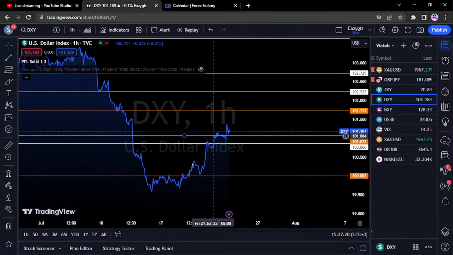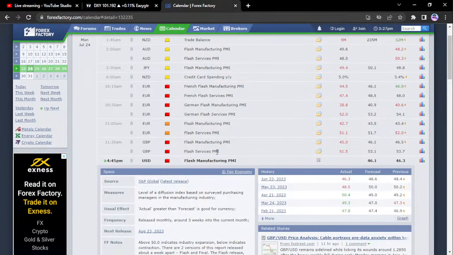Okay, so that's for the dollar and gold depending on the data. So just monitor the data that you're going to receive in the next hour. If you get optimistic data, sells for gold, buys for the dollar index.